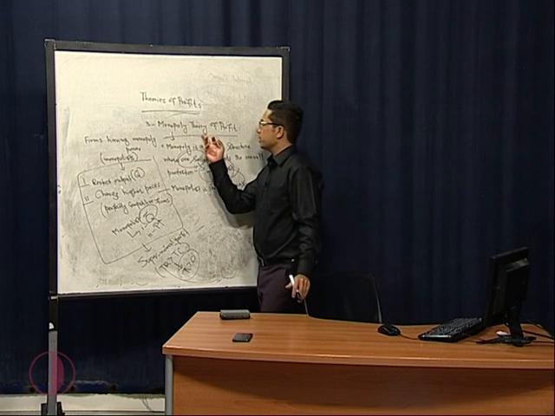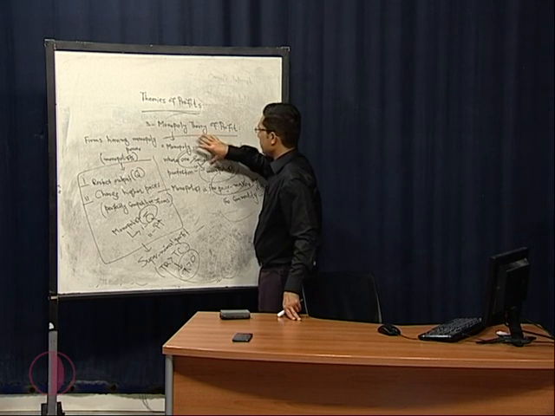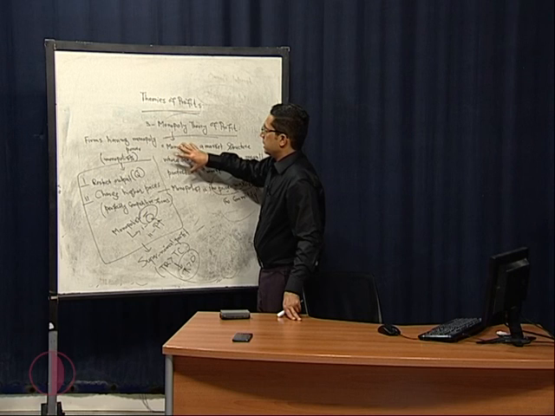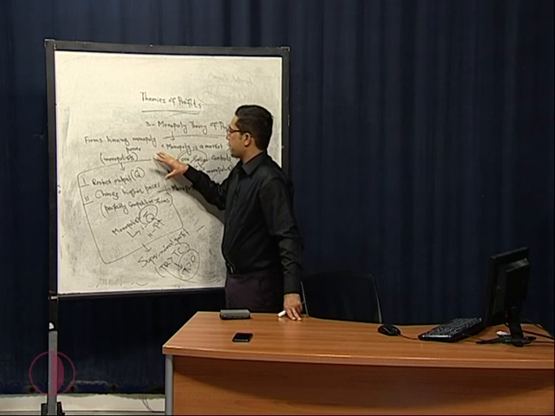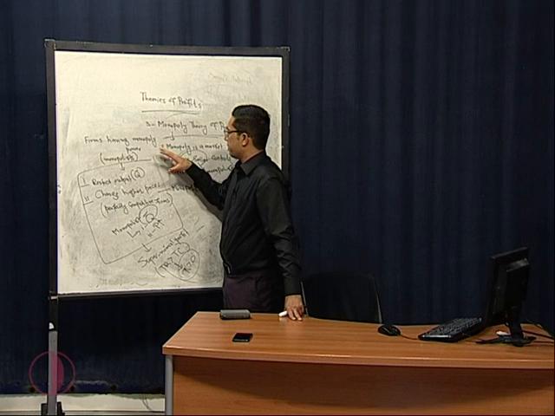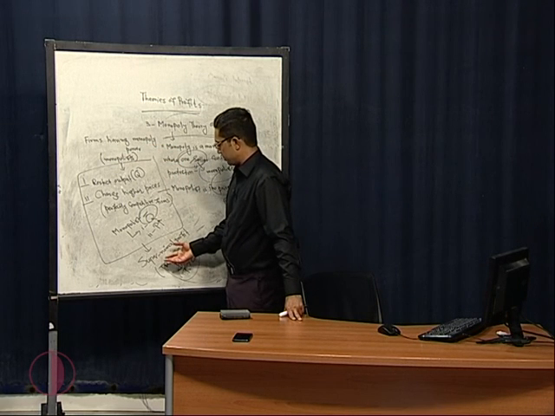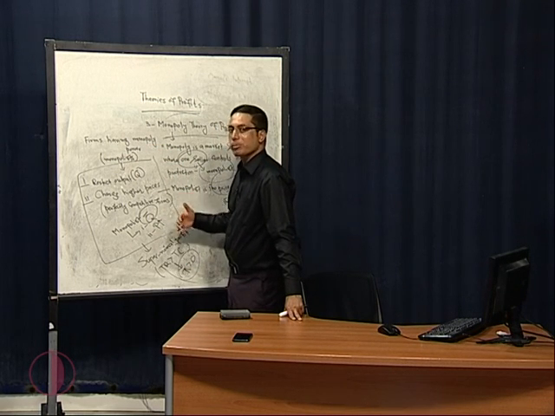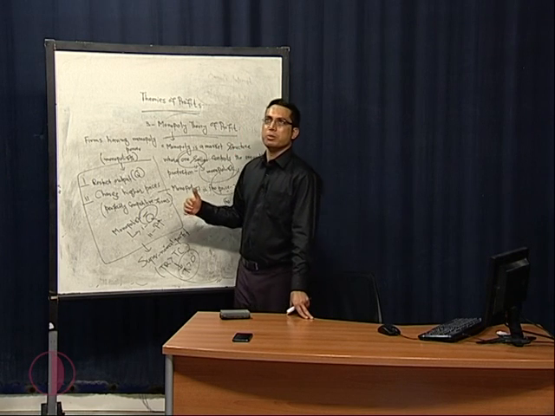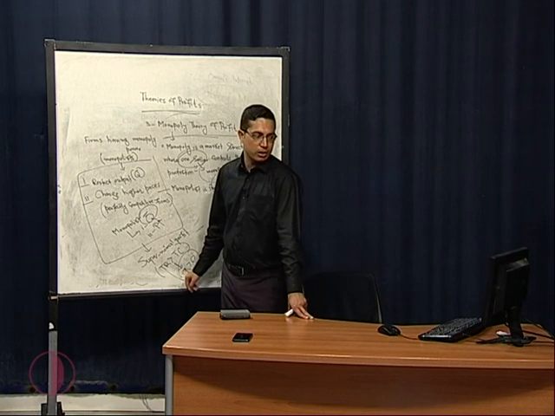The monopoly theory of profit focuses on the idea that a monopolist who has monopoly power can earn more profit than perfectly competitive firms, both in the short run as well as in the long run.